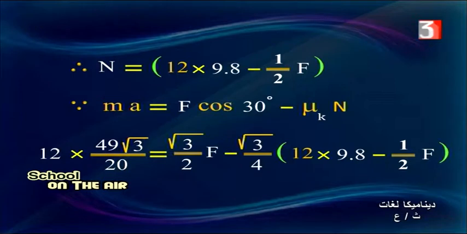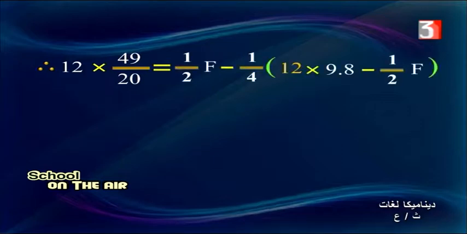After we divide both sides by root 3, then 12 multiply 49 over 20 equals half F minus quarter multiplied by the brackets (12 times 9.8 minus half F).